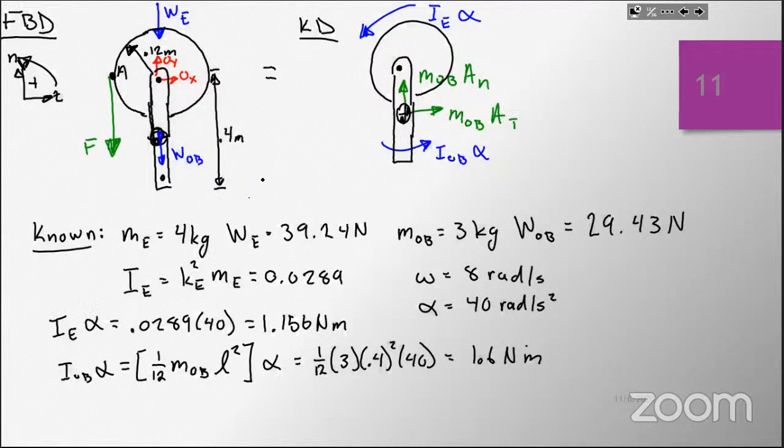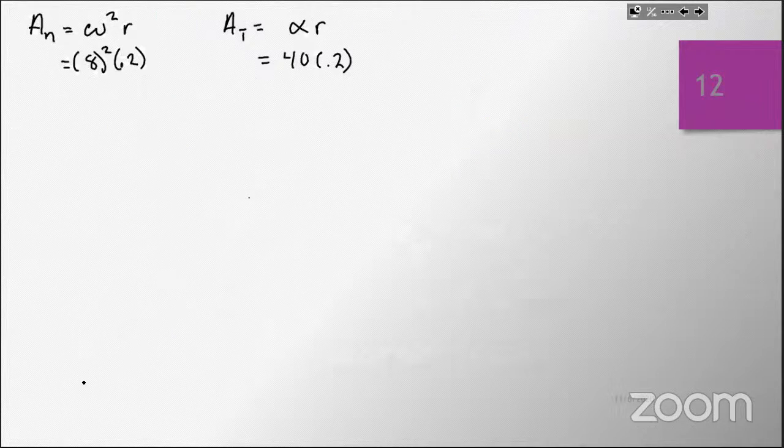We're tracking the acceleration of the center of gravity, right? The center of gravity is 0.2 meters from the axis of rotation. This distance right here. That's why we're using 0.2.